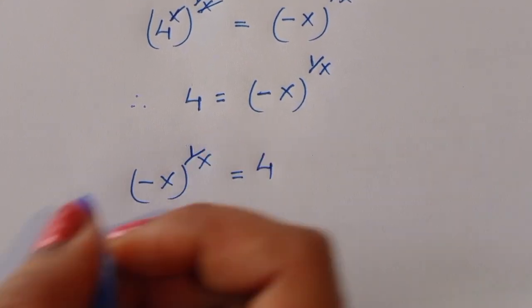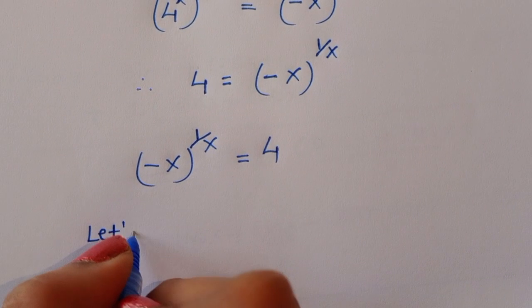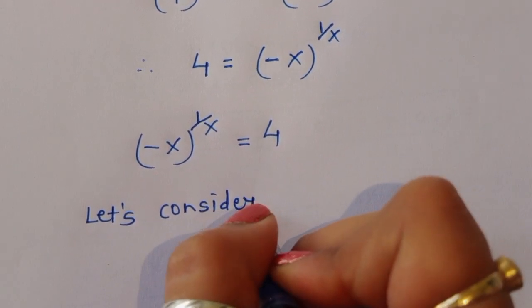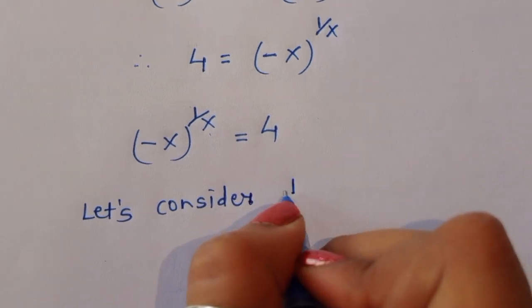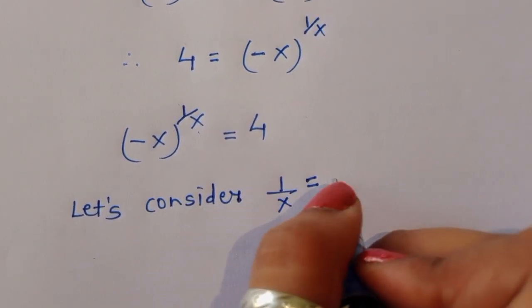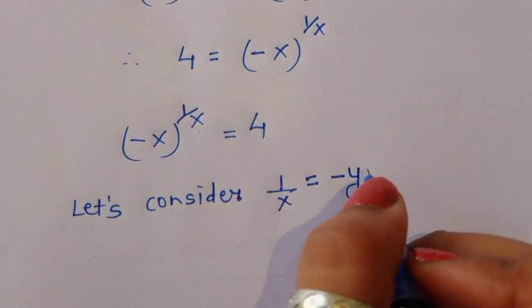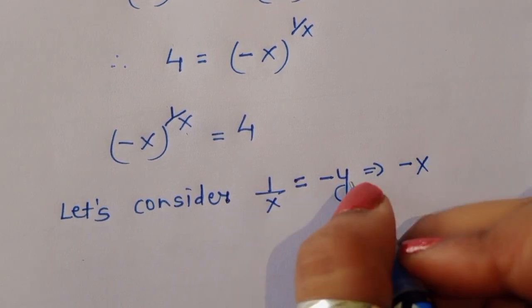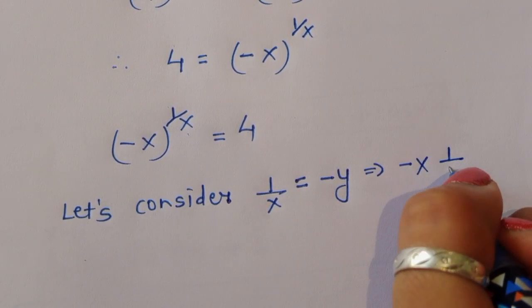Now let's consider some equation here. Let's consider 1 upon x is equal to minus y. Then minus x is equal to 1 upon y.